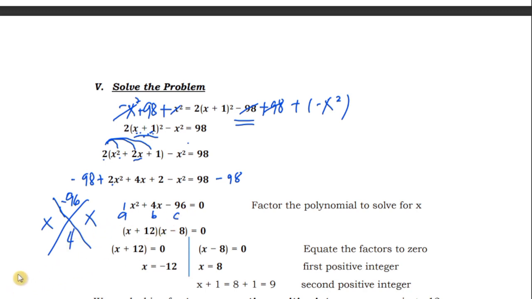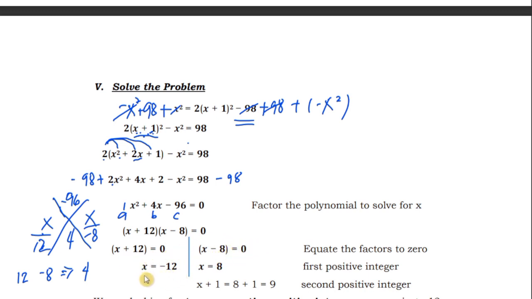The only numbers we have are 12 and negative 8, with the sum of 4. So x plus 12 is the first factor, while the second factor is x minus 8, equal to 0. Equating both factors to 0: x plus 12 equals 0, x minus 8 equals 0.